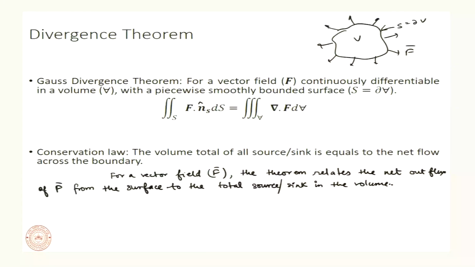Okay. So, f dot n, or f vector dotted with the surface normal, gives us the net outflux. It is positive if it is outflux, negative if it is influx, and likewise del dot f gives us a similar sense integrated over the volume. So, it is a conservation law.